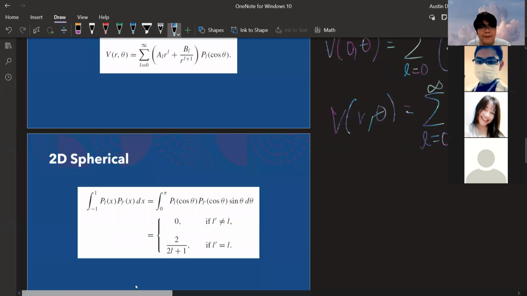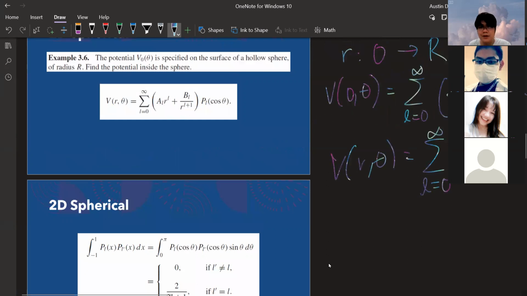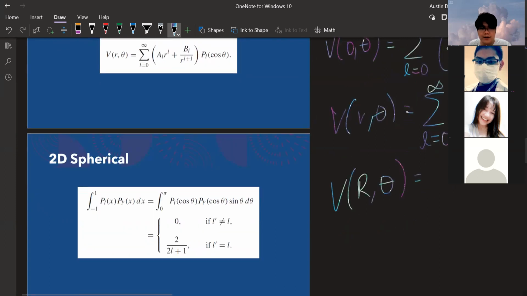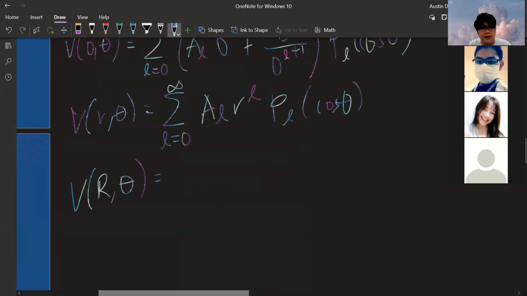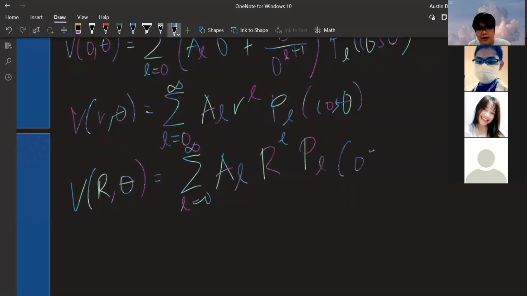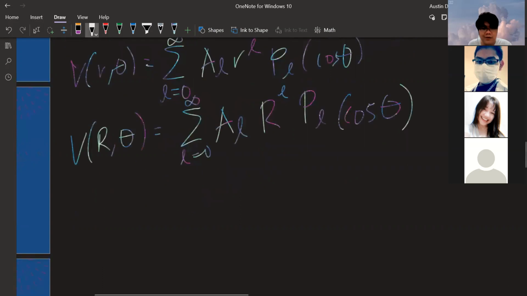Okay? Now, what we want to do is find the other boundary. So, V of capital R theta. Okay? So, I plug in capital R to the small r. And I'm left with R raised to L P_L cosine theta. Okay? Mag-iba na ako ng color, nababother na ako.